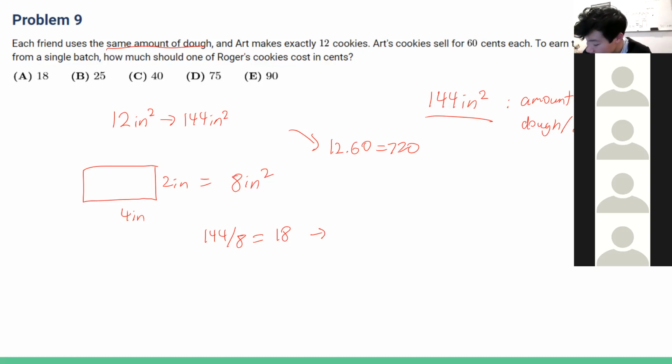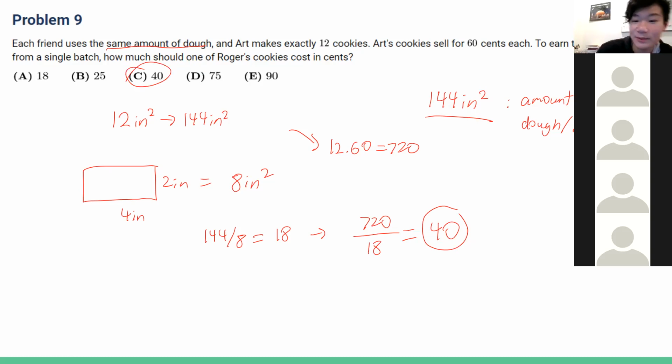Now, Roger also needs to make 720 cents. However, he can make 18 cookies. So how much does he need per cookie? Well, that's 720 divided by 18, which is 40. So he only needs 40 cents per cookie. So that's the answer right there.